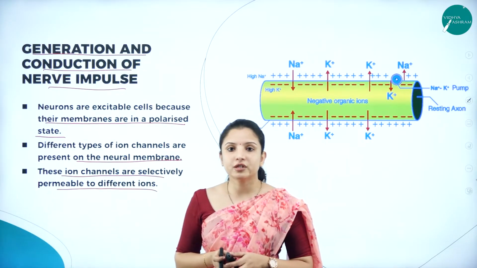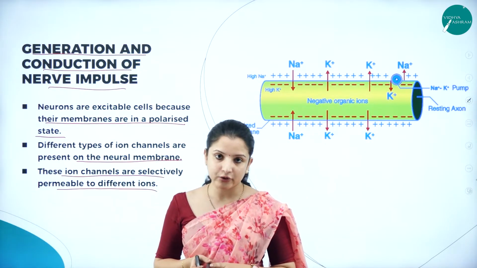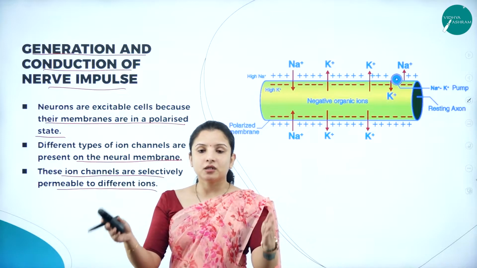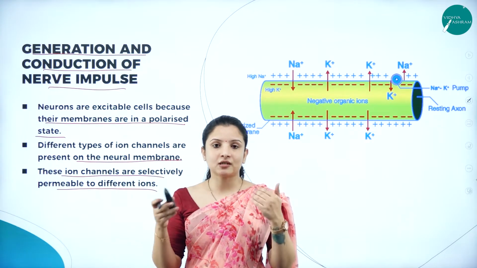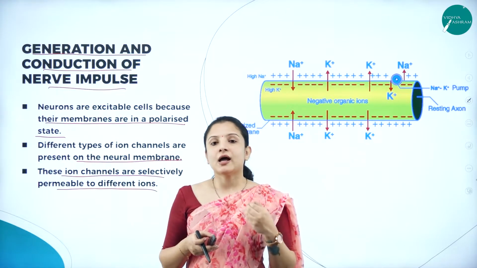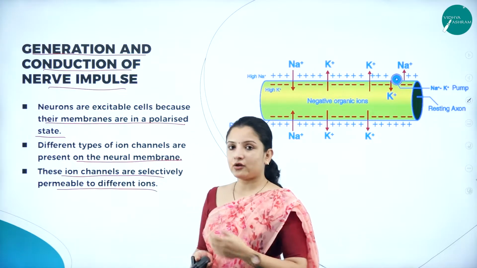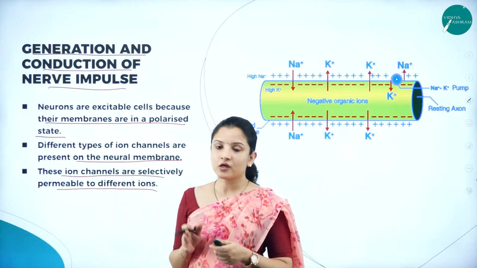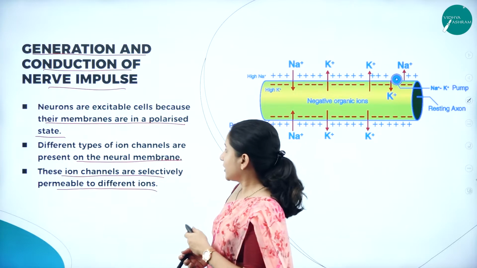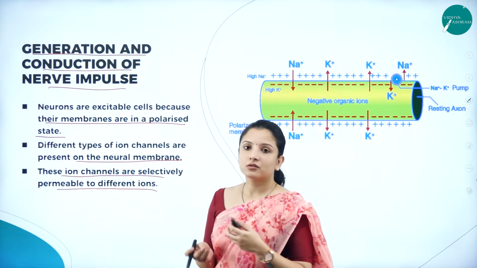On the neural membrane there are a lot of ion channels which help in the transport of ions into the neurons or nerve cells and out of them, and therefore these ion channels are selectively permeable to only certain types of ions. So this is the general information about the nerve.